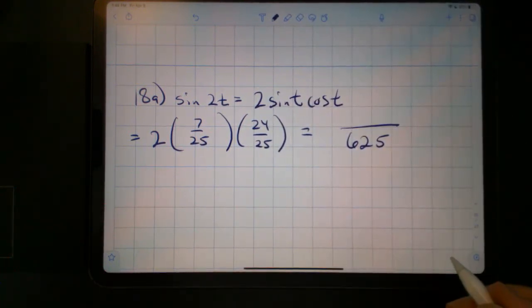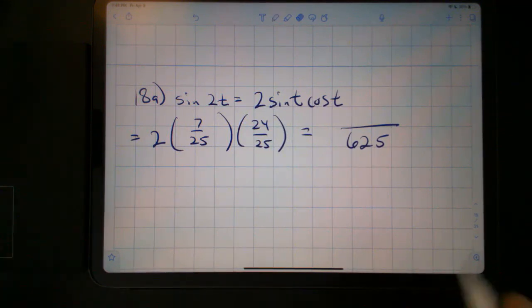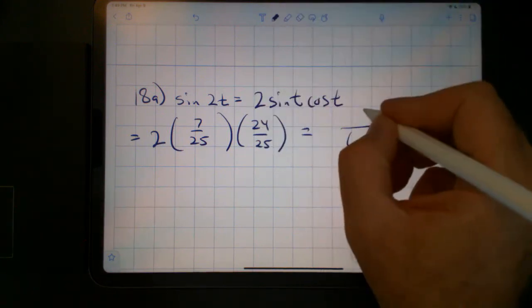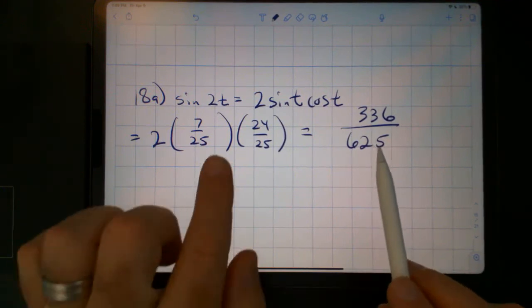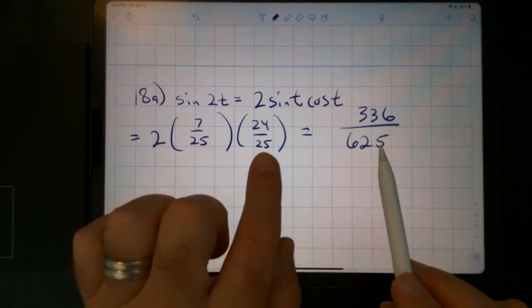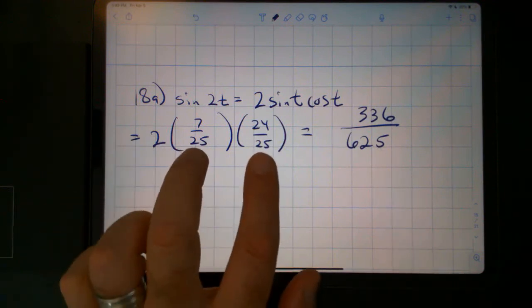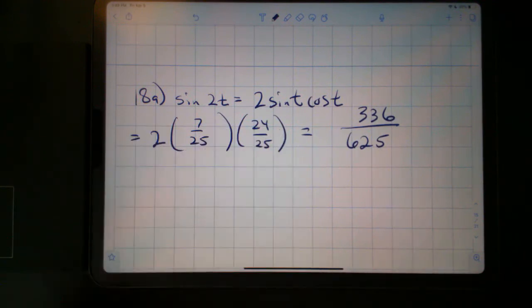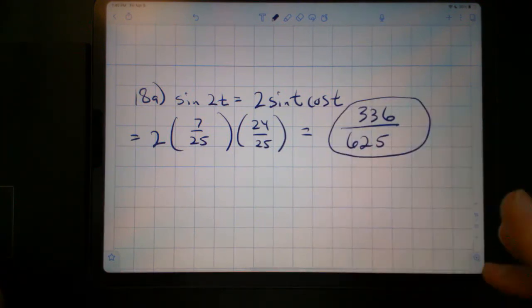And in the numerator, we have 48 times 7, 336. Since your denominator is a product of 5s, and your numerator has no 5s, this fraction cannot be simplified. That is the answer.